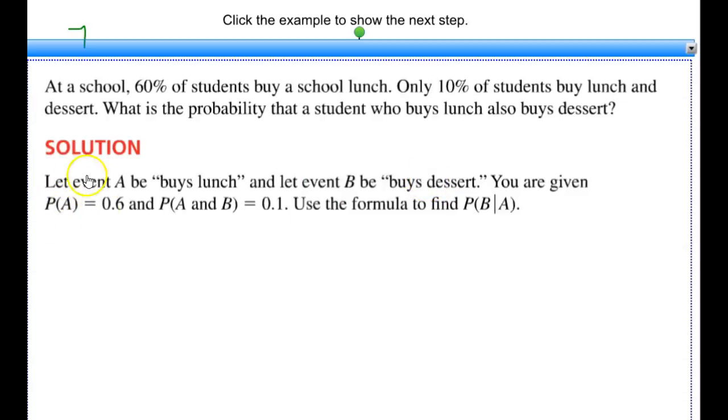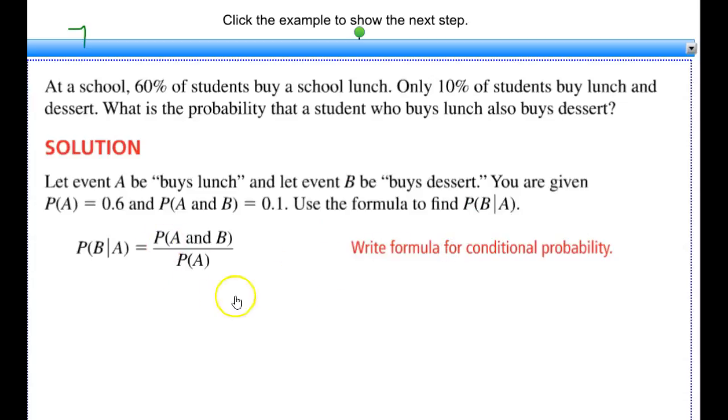So I'm given that the probability of A is 0.6. When I'm dealing with probabilities, I always want to deal with my decimal and not my percentage. So I'm always going to convert my percent to my decimal first. So the probability of A was 0.6. The probability of A and B was 0.1. So now I can find my formula to find B, given that A has already happened. So I write my formula for conditional probability, right?